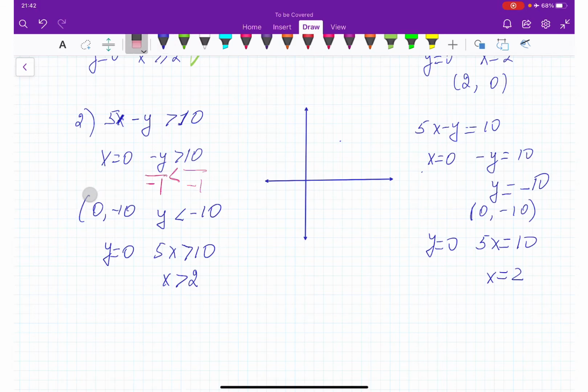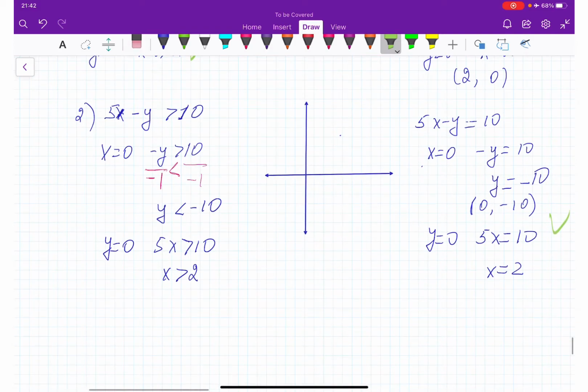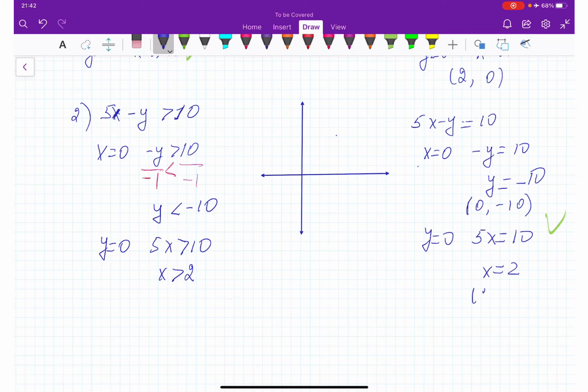Actually, this is shading, so we don't need the coordinate. The coordinate we have here on this side. Okay, so this is 2 and 0. It's right here. And we have negative 10. So not to go too far down, I'm going to move this one higher, like that. This is going to be 2.